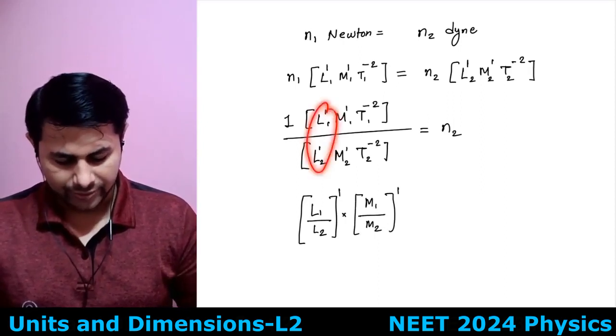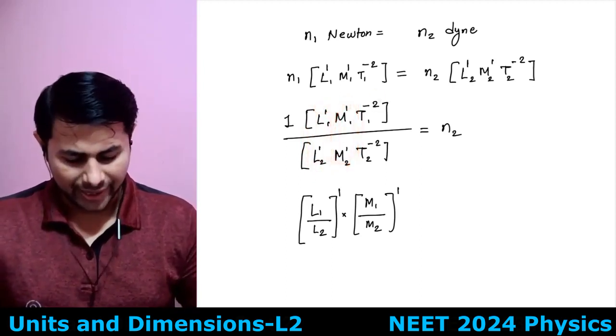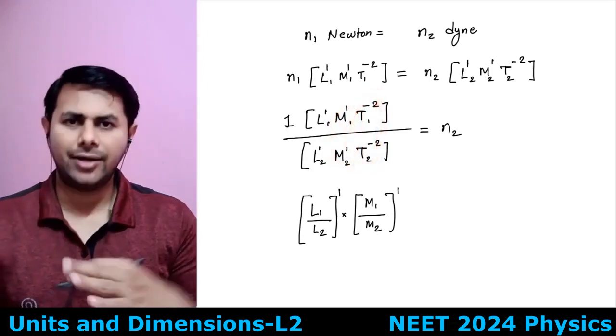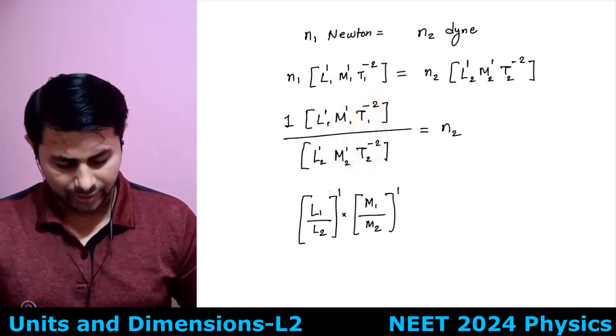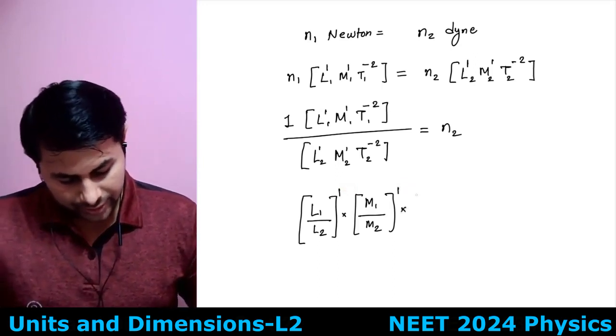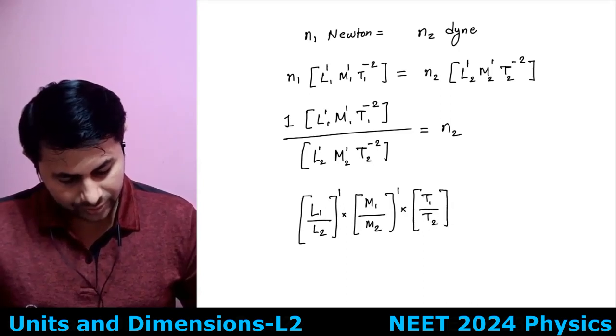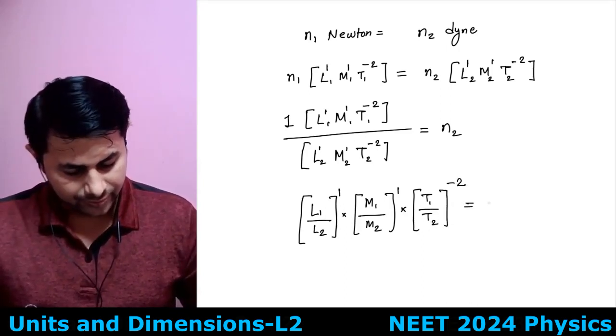I'm just dividing L by L, M by M, and T by T, and whatever the powers are, I will put them over here. Then it is T1 by T2 raised to minus 2.